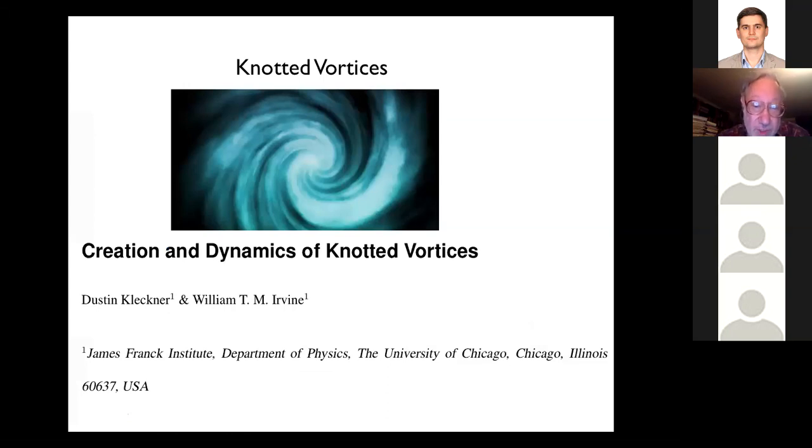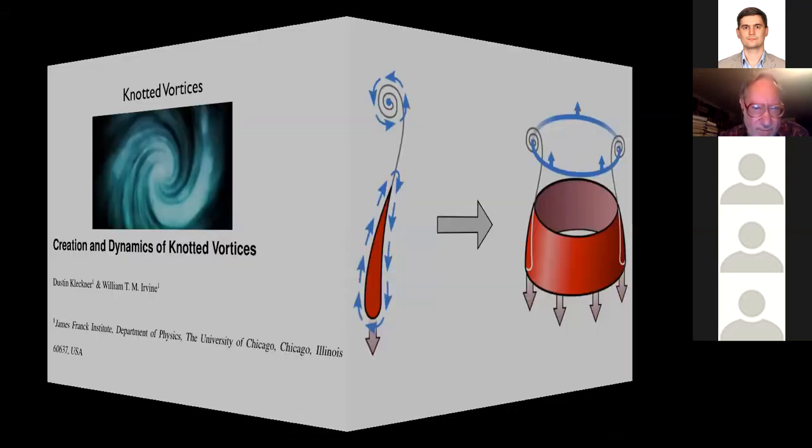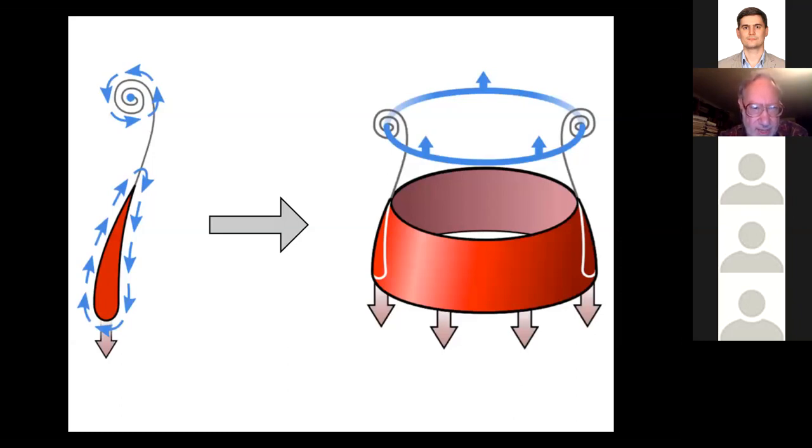But knotted vortices were not seen physically until very recently. Around 2012, Kleckner and Irvine. Kleckner was a graduate student of William Irvine at that time in Chicago. They found that they could produce knotted vortices in water and photograph them. And the idea is the same as the idea of producing a smoke ring.